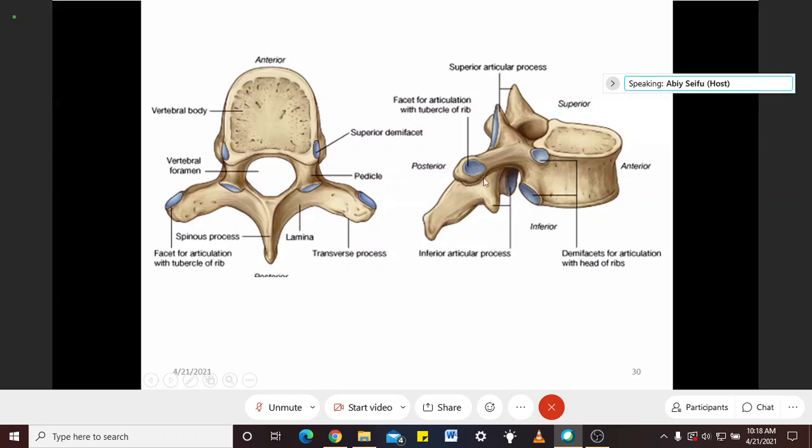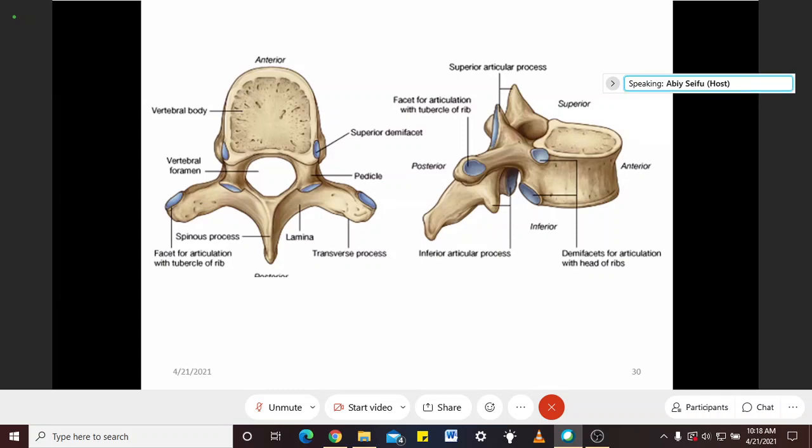And this one is a transverse process, which contains the facet that articulates with the tubercles of the ribs. But this facet is only found on the thoracic vertebrae that are superior to the inferior two.